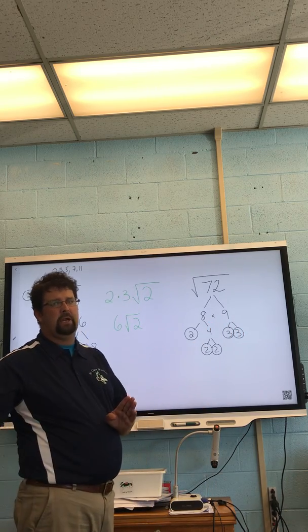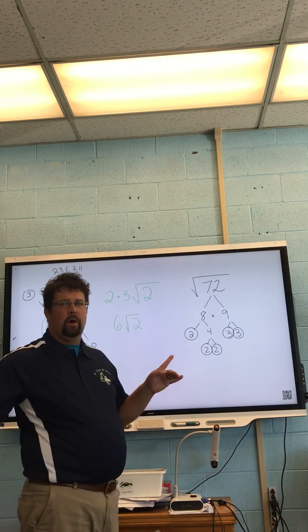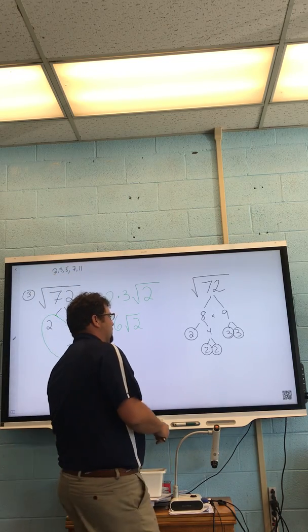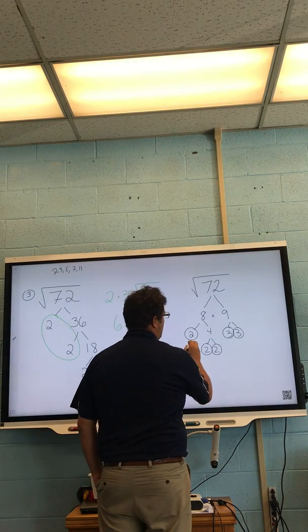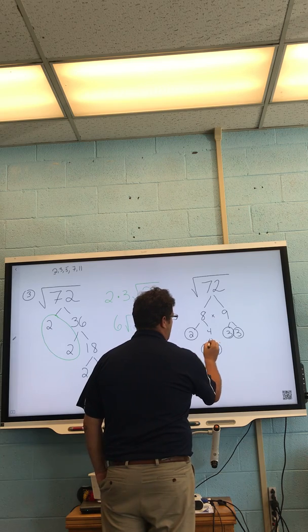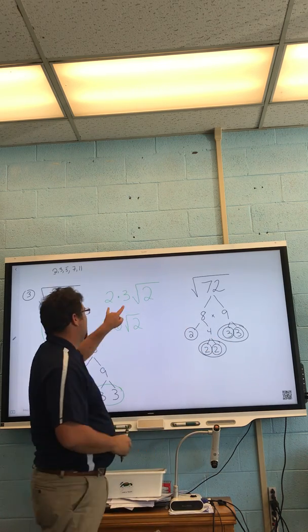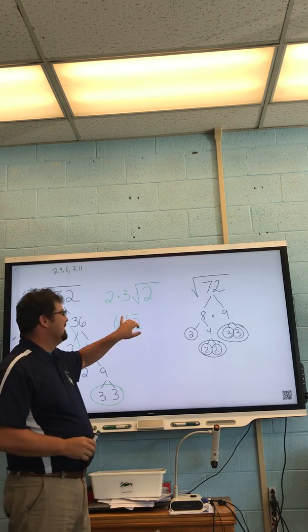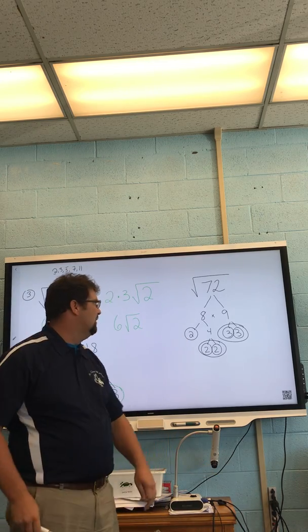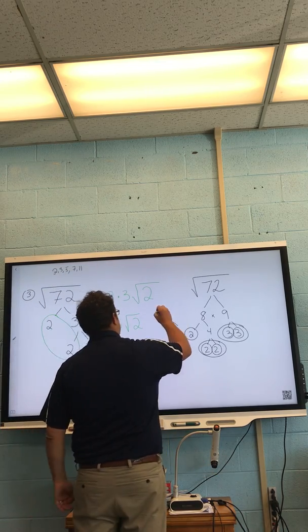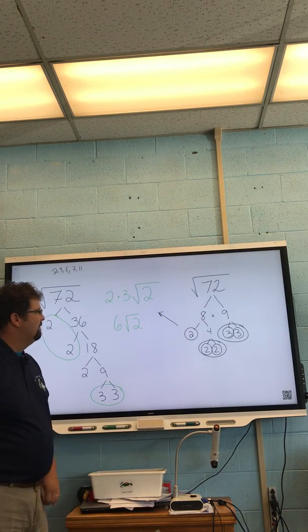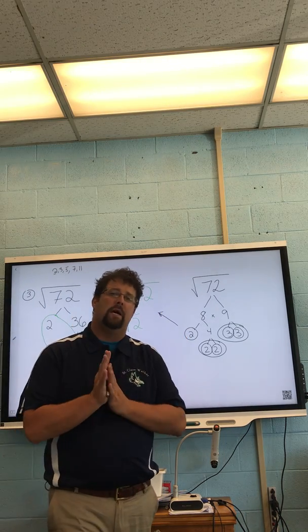So if you ever want to just check your numbers, you can just multiply all your numbers together. They're all going to be single digit numbers. So you have 3 2s, so now you have 1 set of 2, 1 set of 3, that comes out, and the 2 stays in. So you got the exact same answer. You again got 6 square root of 2, and that's exactly what should happen every time.